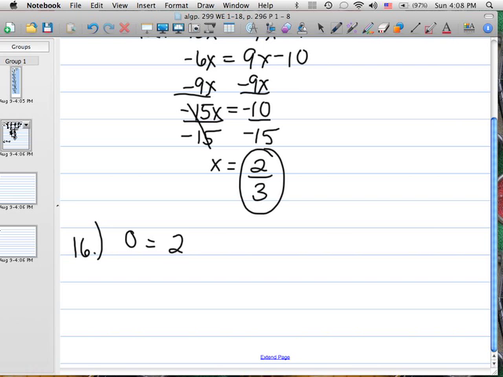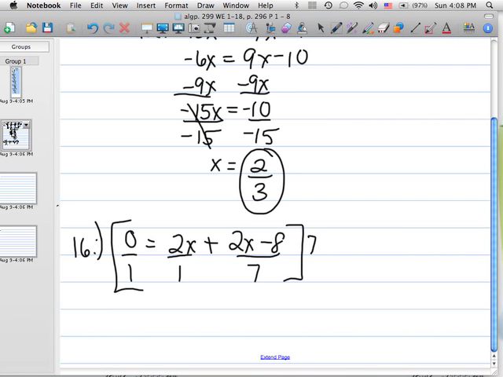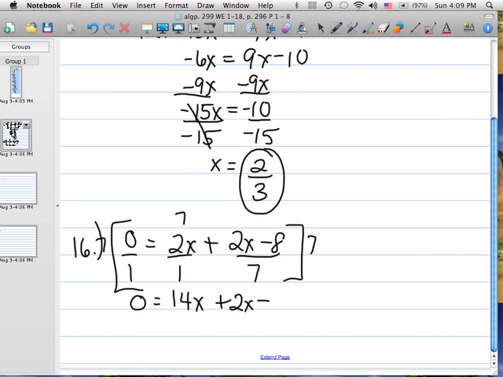Problem 16, 0 equals 2x plus 2x minus 8 over 7. Least common denominator is 7. 1 goes into 7 7 times 0 is 0. 1 goes into 7 7 times 2x is 14x. 7 goes into 7 once, so that'd be plus 2x minus 8.